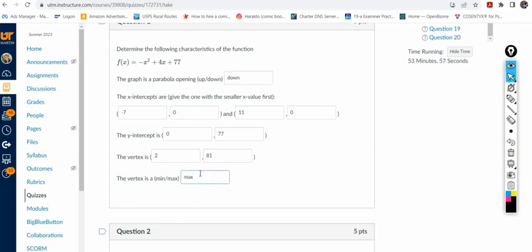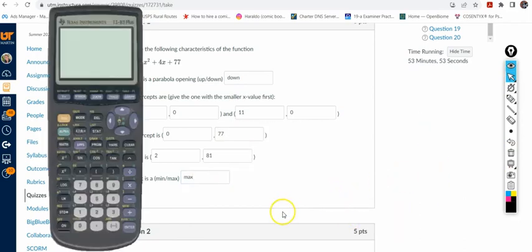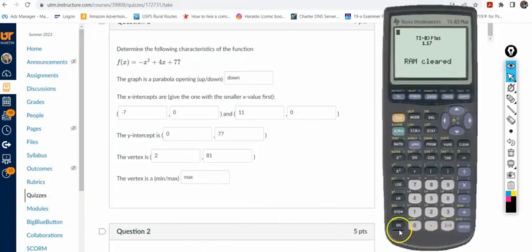All right, now let's just see if we can confirm this on the calculator. I'll put this in: negative x squared plus 4x plus 77. Now, the window we want to take, well, we want to see the vertex, which is at 2, 81, and we want to see the x-intercepts and the y-intercepts.